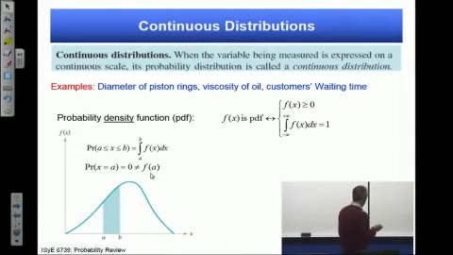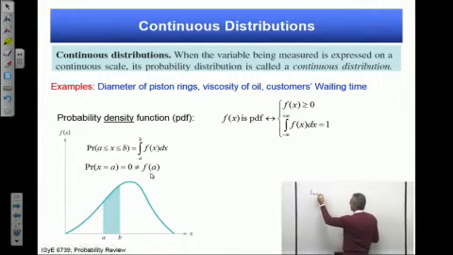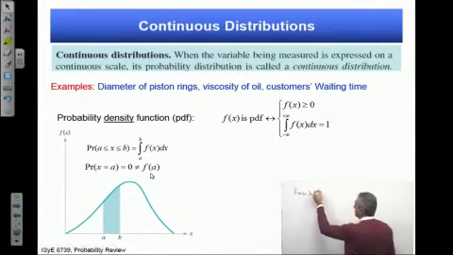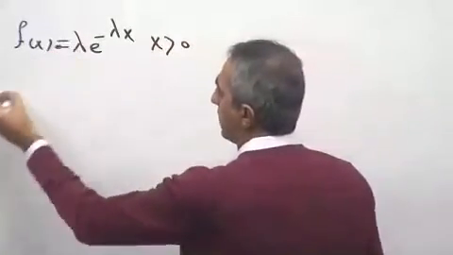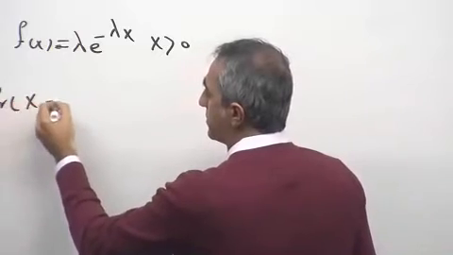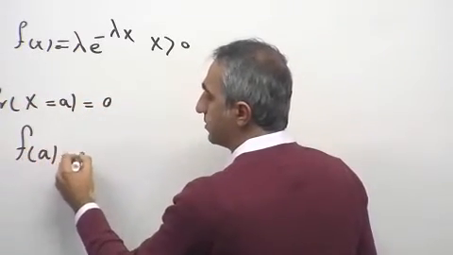So it doesn't mean that f of a is 0. Let's say f of x is something like this for an exponential distribution. When we say the probability of x equal to a is 0, it doesn't mean f of a is equal to 0.